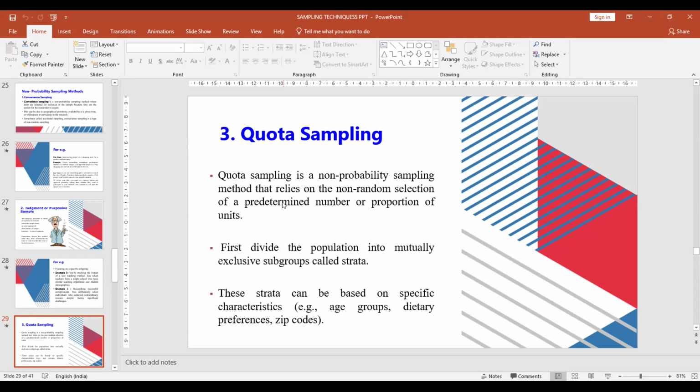After this, the number of sample units to be selected from each stratum is decided by the researcher in advance.